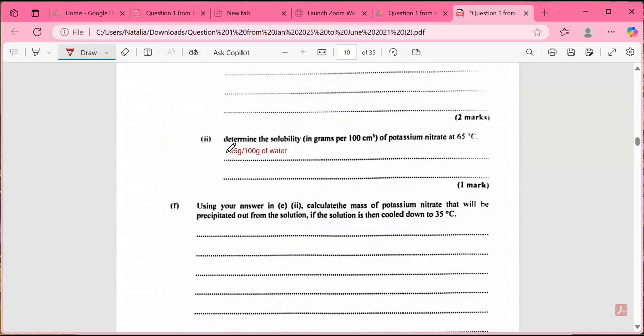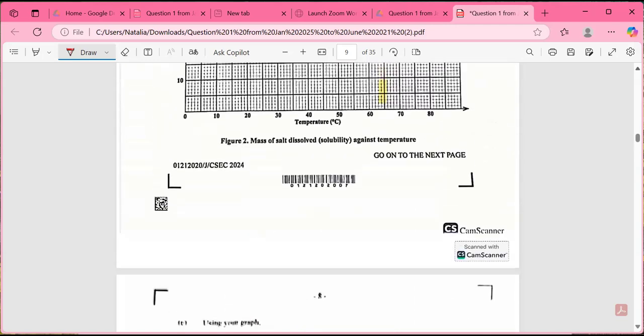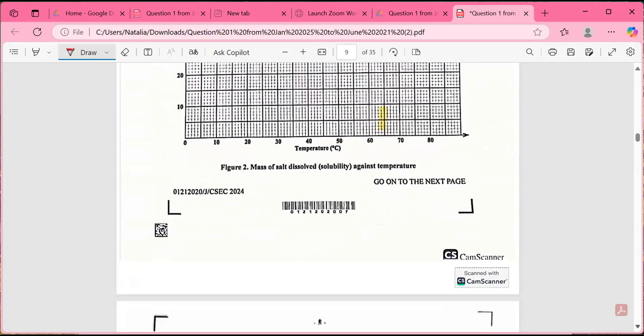So that means that at 65, 95 grams is dissolved in the water. At 35 there is now only 48 grams dissolved.